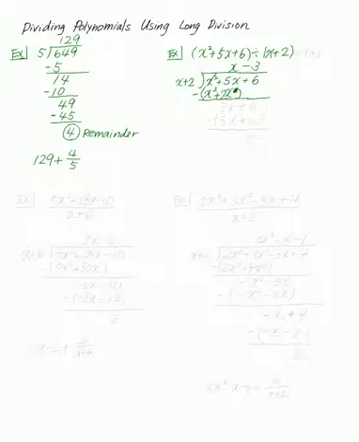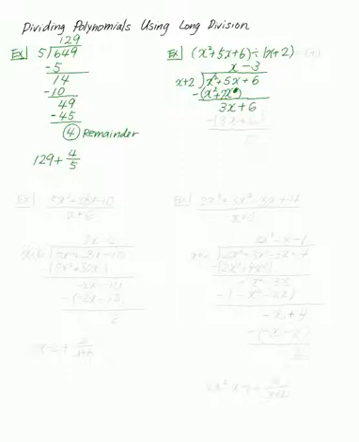I need to subtract. But I need to subtract the whole thing. So I need to distribute the minus. So x squared minus x squared is just 0x squared. They cancel. They're gone. However, I have 5x minus 2x. That's going to give me 3x. I know it looks like 5x plus 2x, but it's actually subtract.